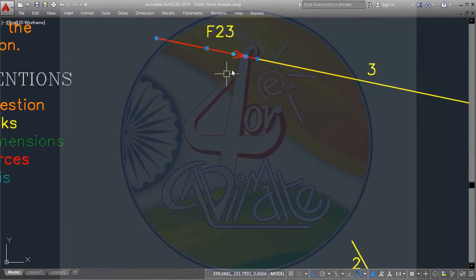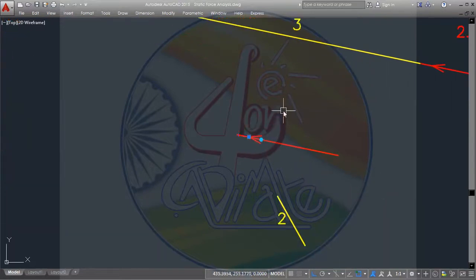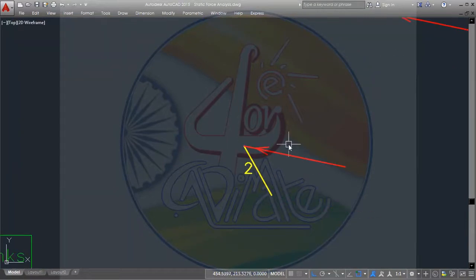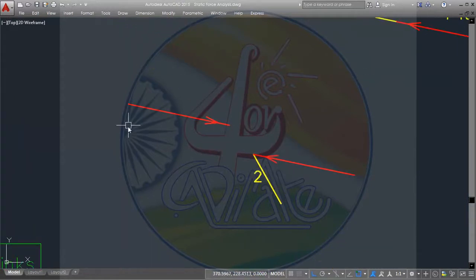So the reaction of this will come here. So again we have to take mirror image of this, and this force, it will act at this point. Fine. And once again mirror image of that will act at the bottom.